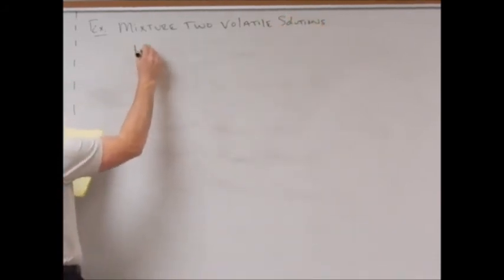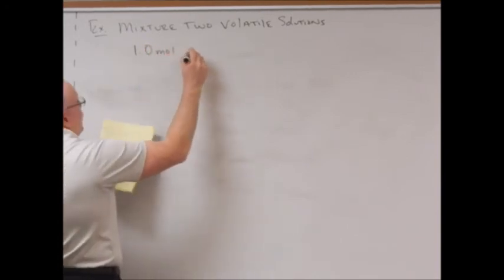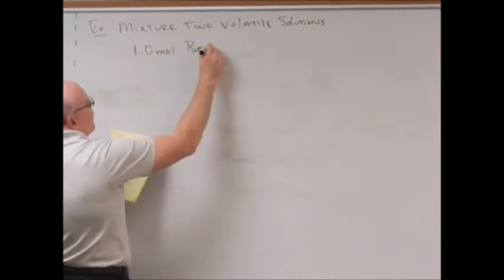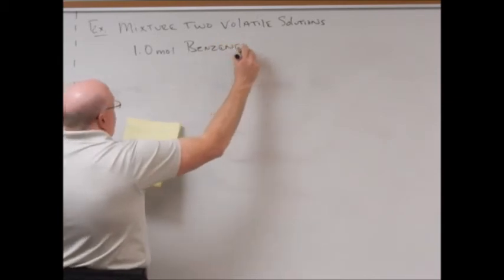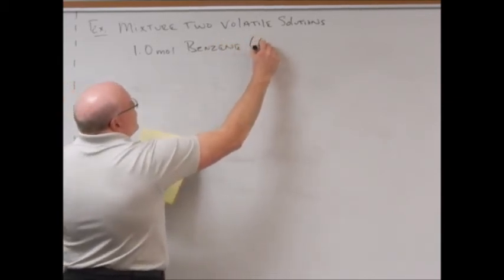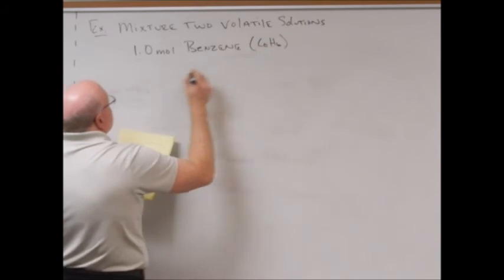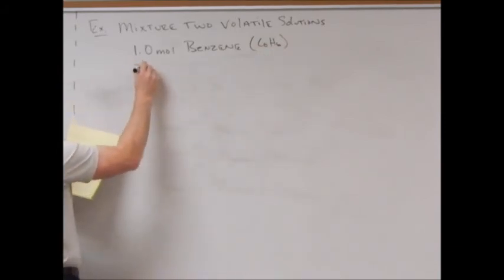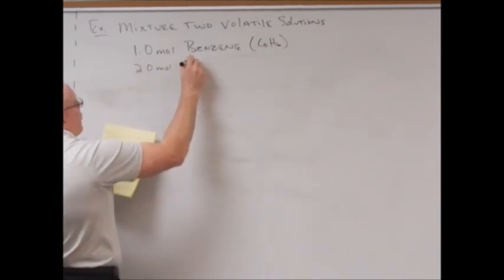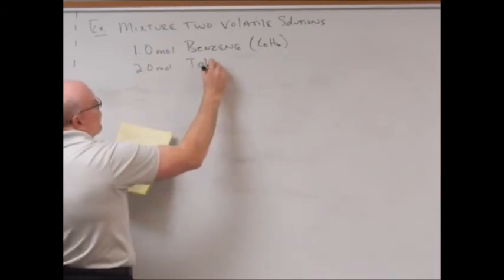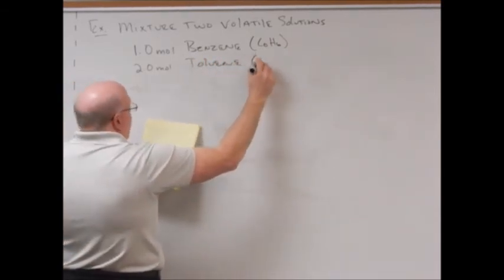We have one mole of benzene, C6H6, mixed with 2 moles of toluene. Toluene is C7H8.